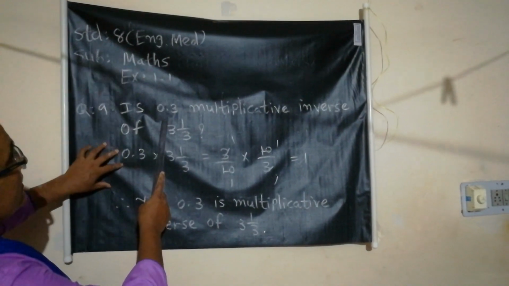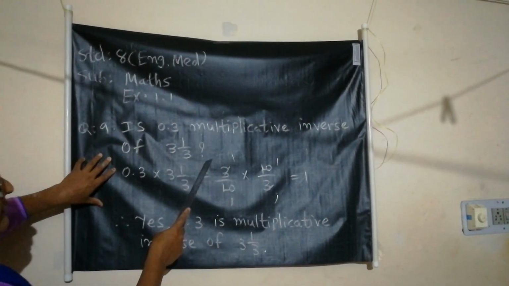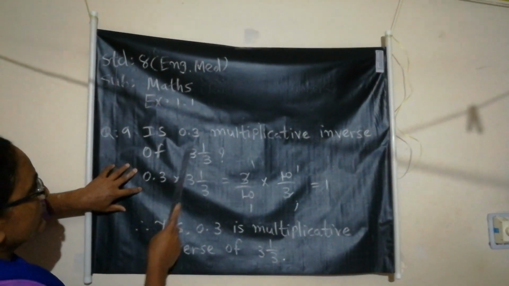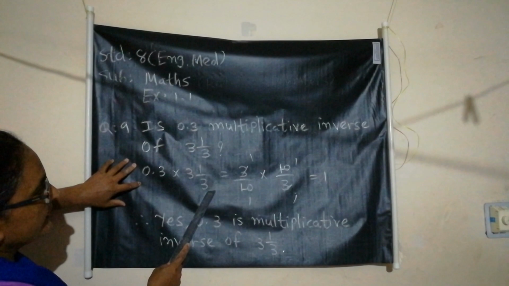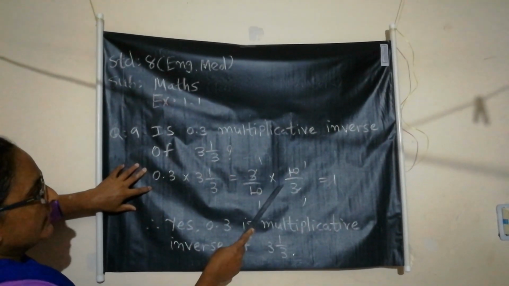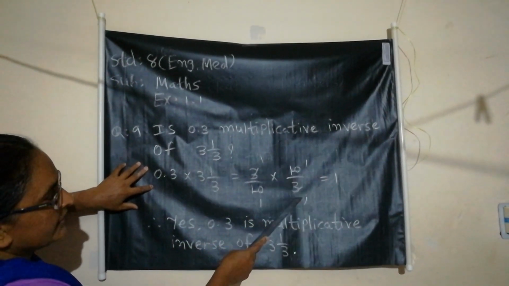Question number 9. Is 0.3 the multiplicative inverse of 3 integer 1 upon 3? Let's do it. We multiply 0.3 with 3 integer 1 upon 3. 0.3 means 3 upon 10. Multiply: 3 threes are 9 plus 1, 10 upon 3.